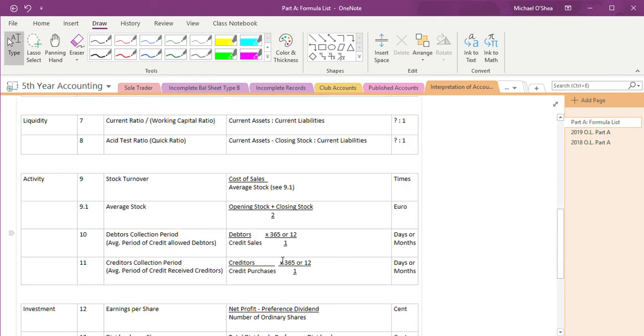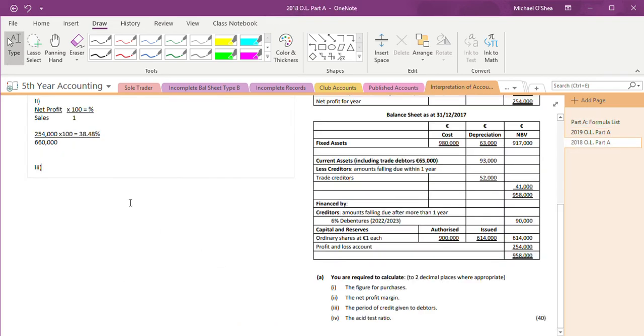So what I'm working out here is my formula again. Okay, and I'm just going to copy it over so it'll be a little bit faster. Average period given to debtors, formula, plugged it in there, and my answer is going to be in days.